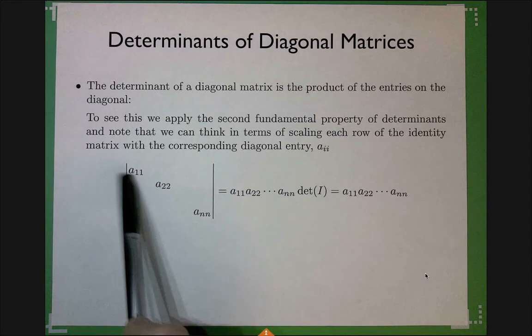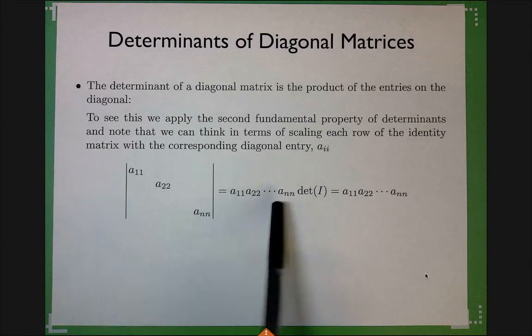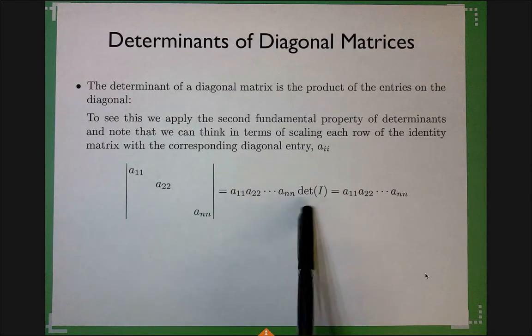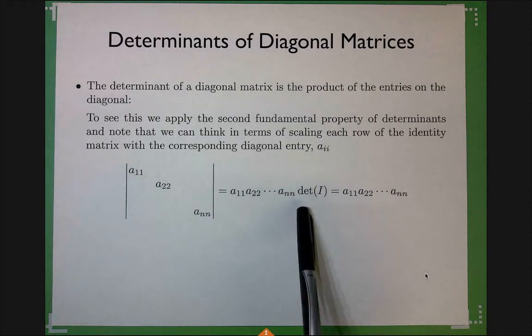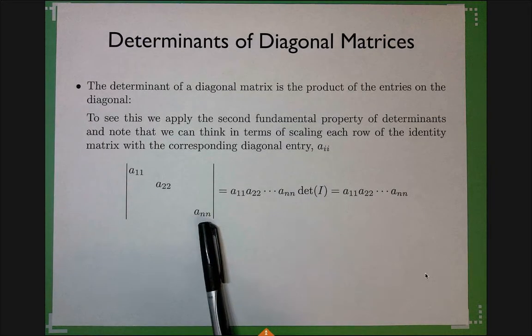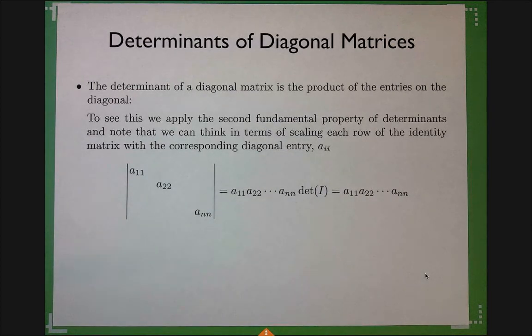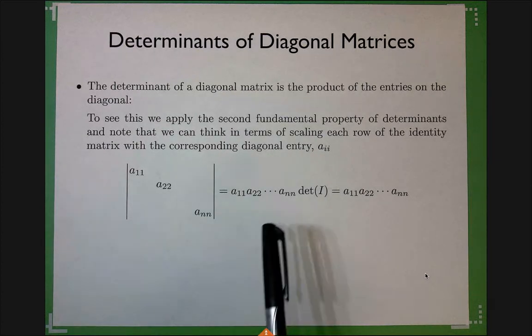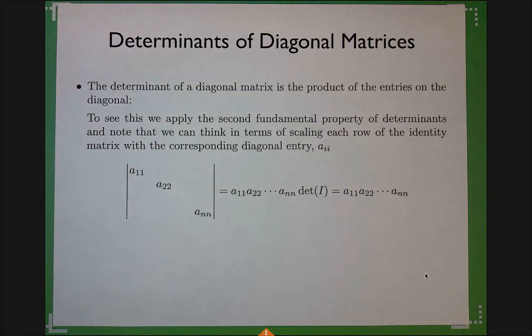So I can write it as A11 times 1 or A22 times 1. I can pull out all these coefficients and I will be left with the identity matrix, and the determinant of the identity matrix is 1. So for a diagonal matrix, the determinant becomes really simple. It's just the product of all the diagonal elements. Do you follow the logic, that all these things are derived from the three fundamental defining properties of the determinant I started with?